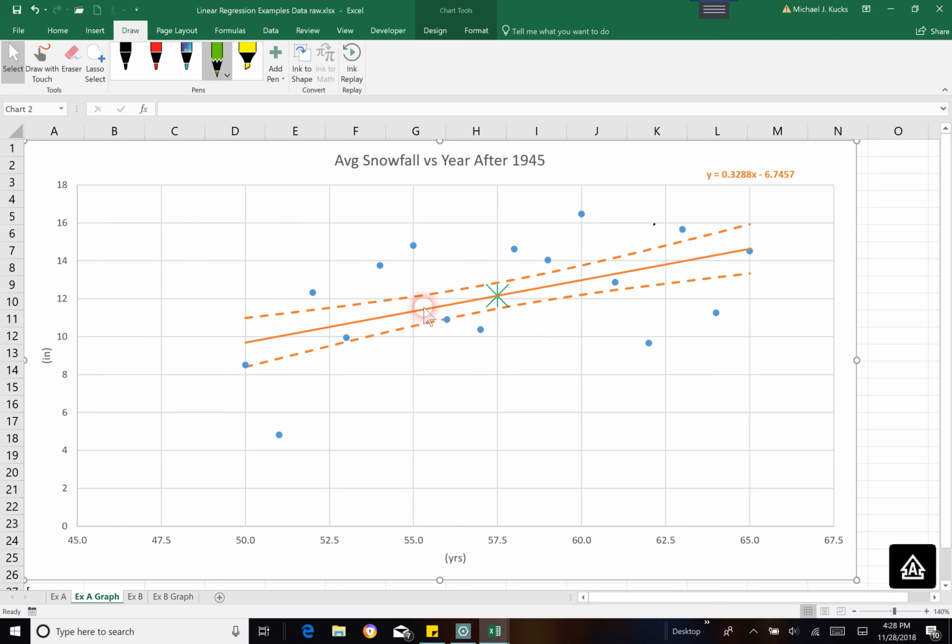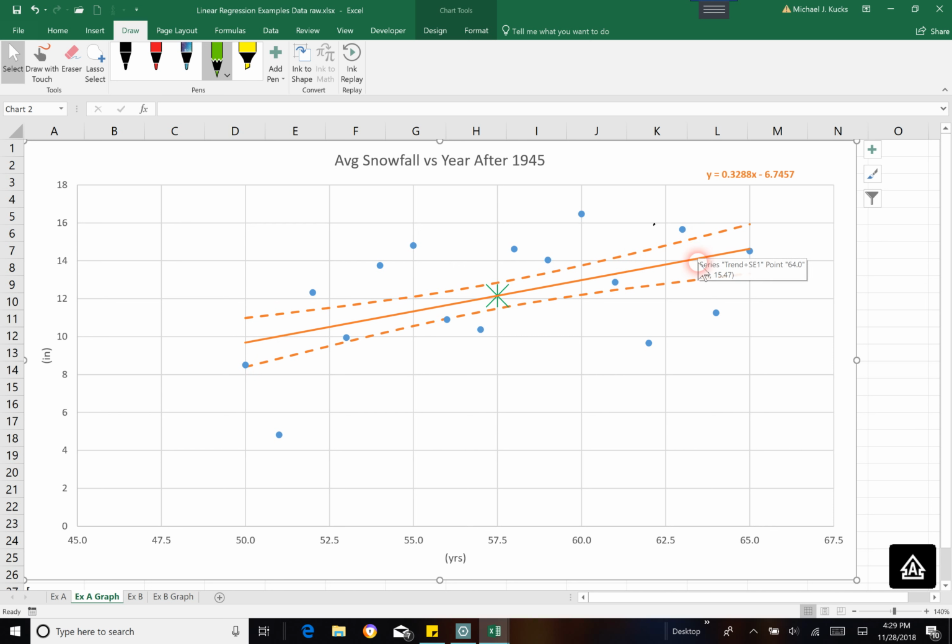They won't all be exactly the same. And if I were to take 16 measurements of the average snowfall like this over the same period of time, I would expect my results to create a similar model within these dashed lines.